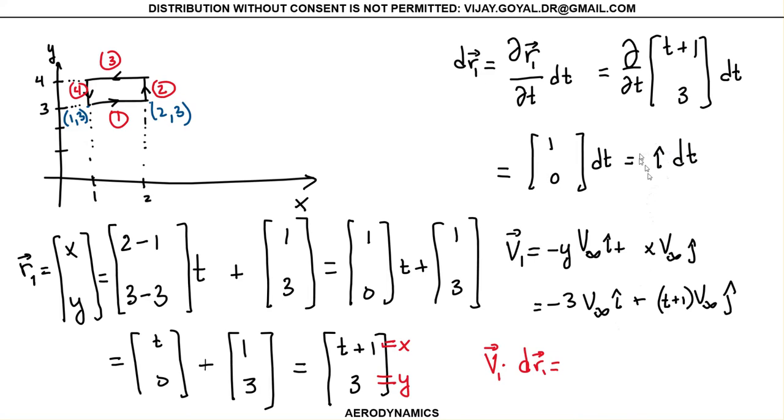You can see I only have i in dr1, so i dot j is 0, and I only have this term left. So this expression will be minus 3 v infinite dt. We did all this just to find this term right here. Okay, so let's go to segment number 2.